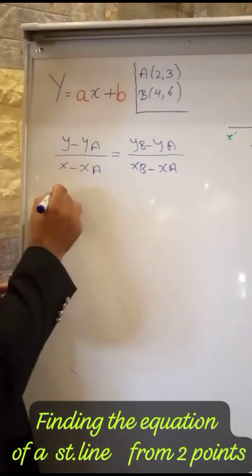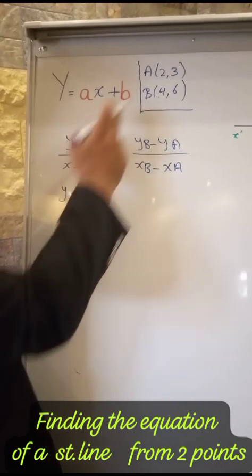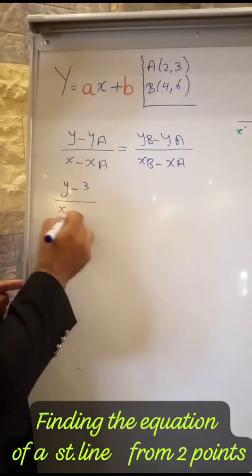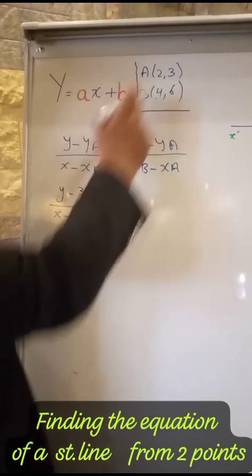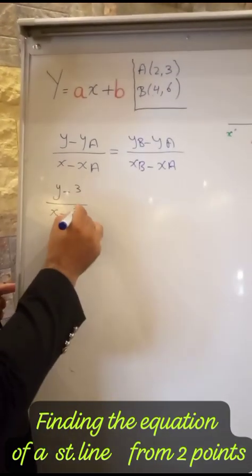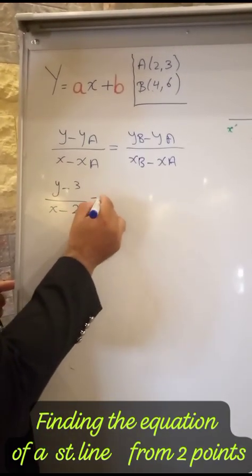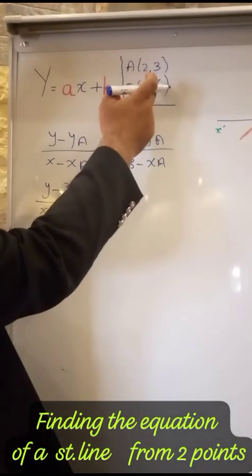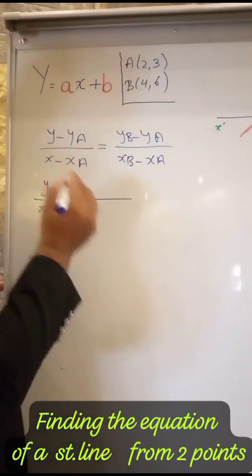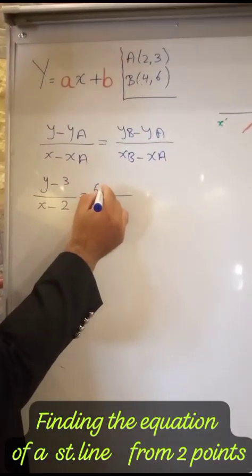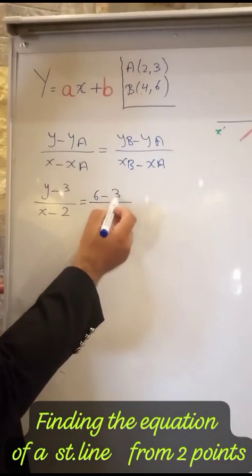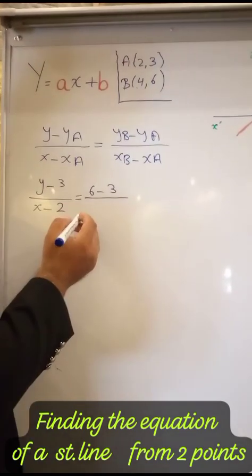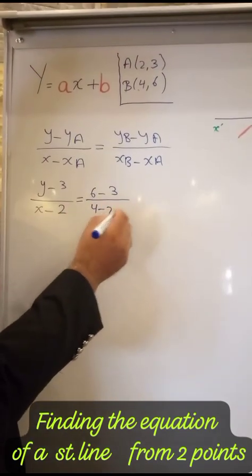So y minus ya over x minus xa is equal to yb minus ya over xb minus xa, where yb equals 6 and ya equals 3, over xb equals 4 minus xa equals 2.